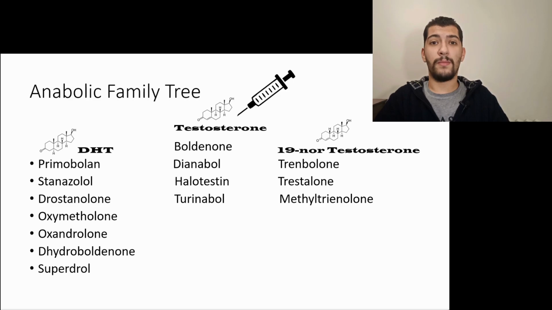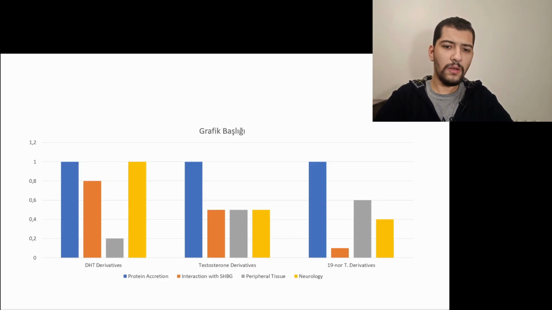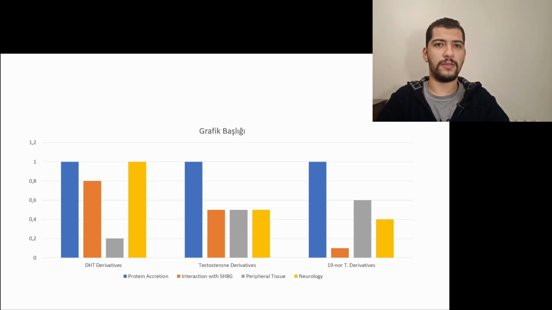effective myotropic agent. If we look at that chart, I just dialed in arbitrary numbers to help you understand it much better and to make it a bit easier, of course. We have DHT derivatives, testosterone derivatives, and 19-nortestosterone derivatives, also called Nandrolone derivatives.